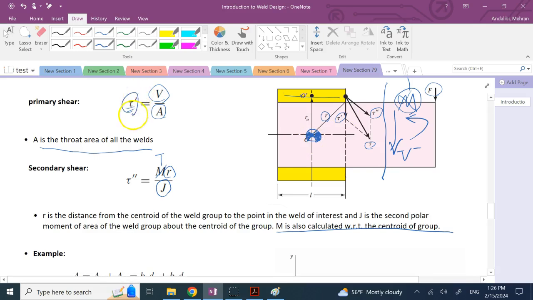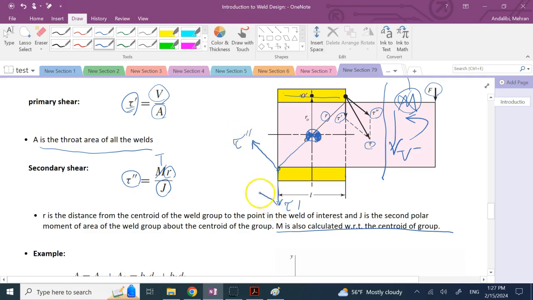Okay, and then once you have tau prime and tau double prime, we see at which point these two will make the highest resultant. Because for instance, at this point tau prime is still downward like that, but tau double prime is going to be upward. Tau double prime is going to be perpendicular to this line, so it's going to be like this.